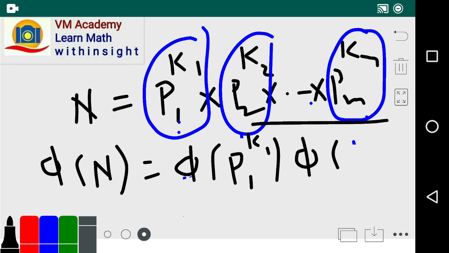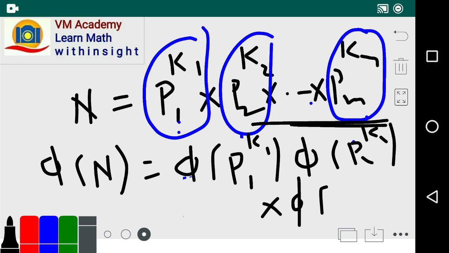And similarly the remaining part we can write again as phi of p2 raised to k2 into phi of the remaining part. Similarly again we write phi of p3 raised to k3, so on up to.